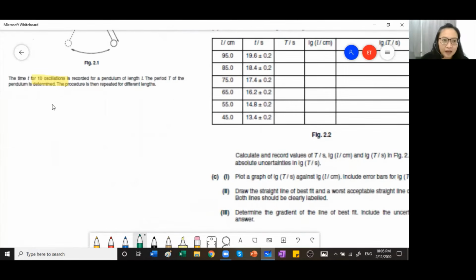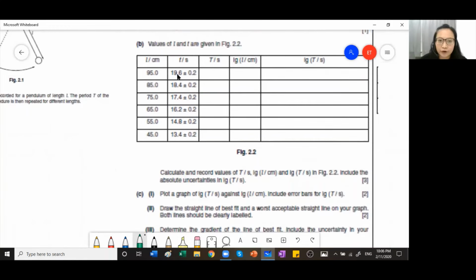So look at the number of oscillations here. There are 10 oscillations here. So period is equal to the total time taken for n number of oscillations. Can you see that the number of oscillations is 10 here? So the total time is actually given here, 19.6. Very simple, make it simple.